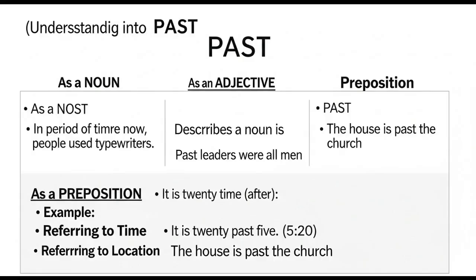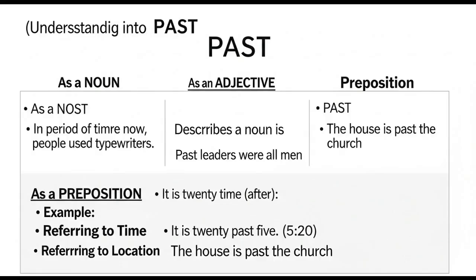If somebody asks me what time it is, I can say it's 5:20. I can also say it's 20 minutes after 5, or I can also say it's 20 minutes past 5. So we're still talking about time here, but in the case of a preposition, when you're talking about the actual time on your watch, you're talking about after, the time after something.